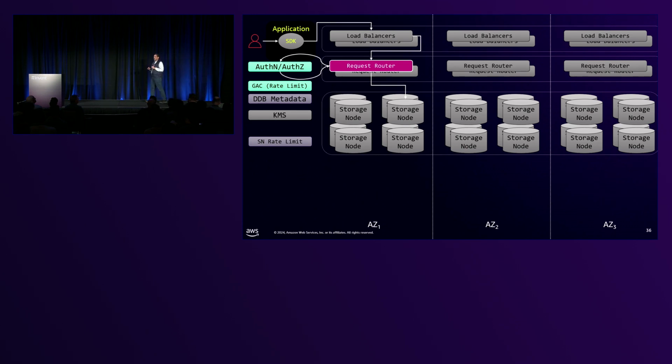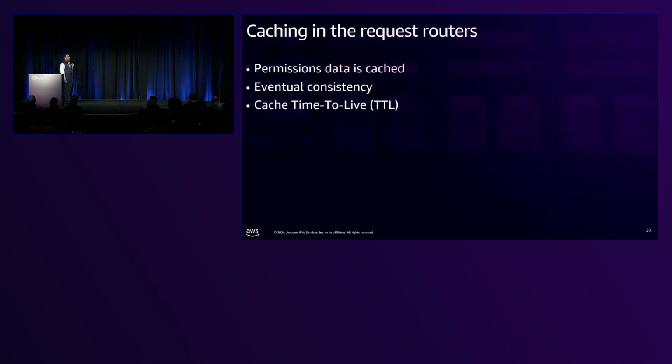There's a TTL on those caches. It ages out in a couple of minutes. The new policies are loaded. When possible, at scale, build systems which can embrace eventual consistency. If you build systems which are synchronous, it becomes really hard. So we've got caches for multiple things, permissions, and we use TTL to expire that data.